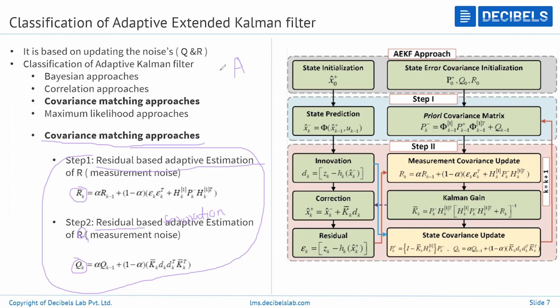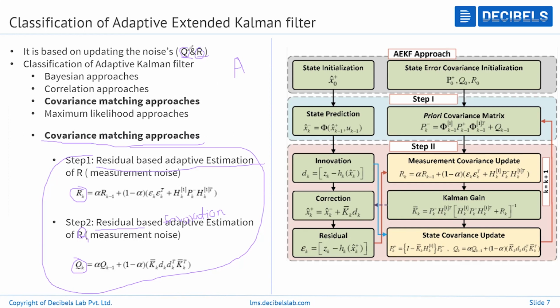If you just say extended Kalman filter, there is no update in Q and R. If you take adaptive extended Kalman filter, there will be an update in Q and R, with its residual and innovation step.